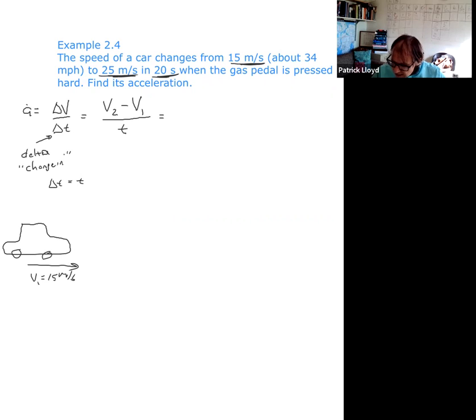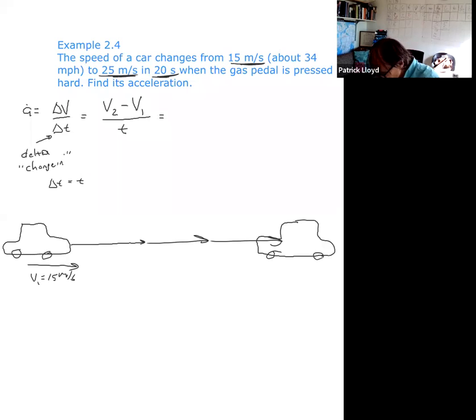So you're moving at 15 meters per second, and then you push the accelerator, right? It's fun stuff. You push that accelerator, and you start going faster and faster until finally this car is now really kind of going like highway speed, right? Now it's going 56 miles per hour, okay? Which is 25 meters per second.